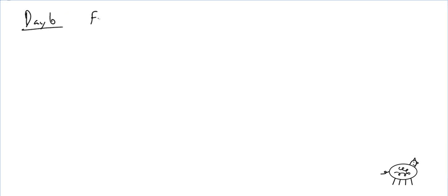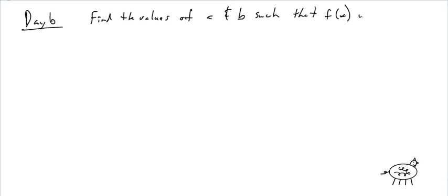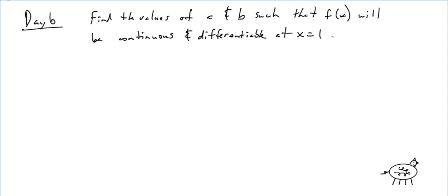I want you guys to find the values of A and B such that f of x will be continuous and differentiable at x equals 1.